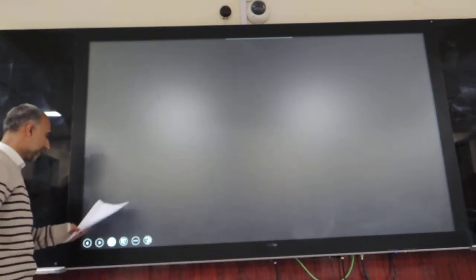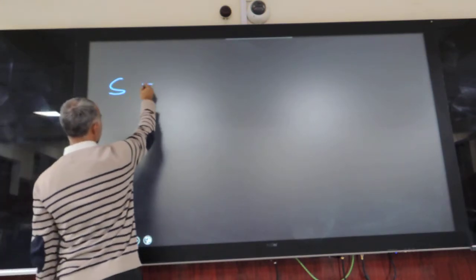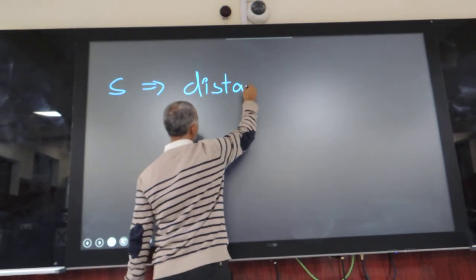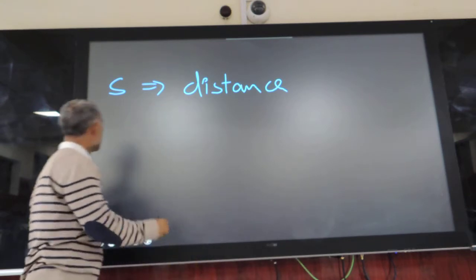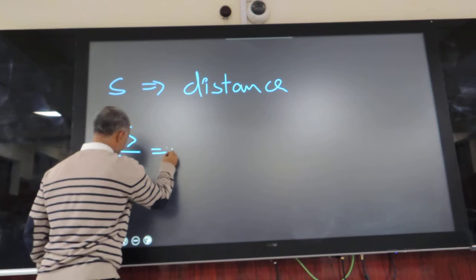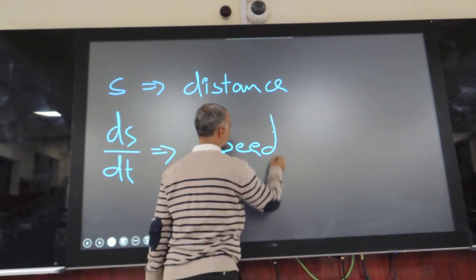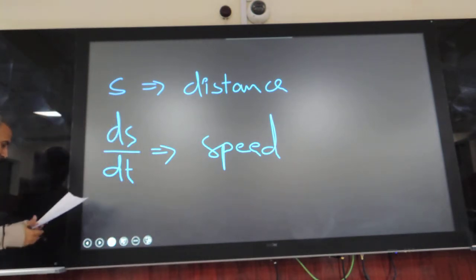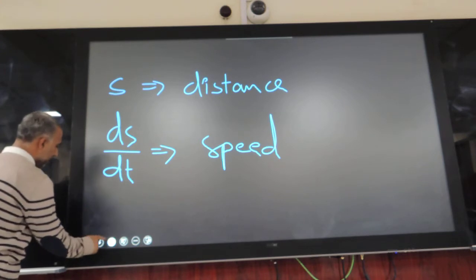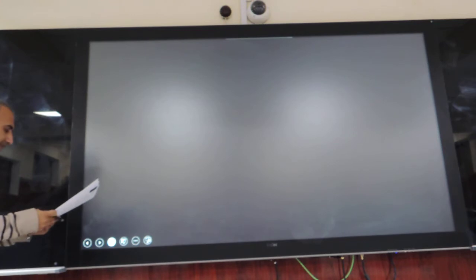Similarly, take another simple and typical thing, distance: at an instant, its rate of change becomes speed. Let me explain a simple and typical example for understanding the concept of derivative.